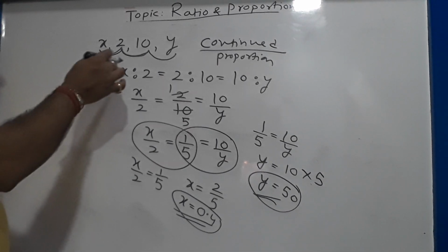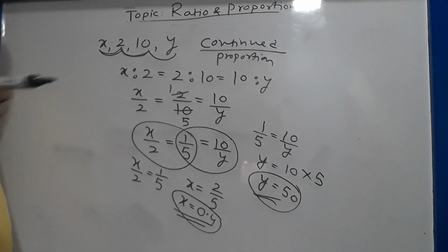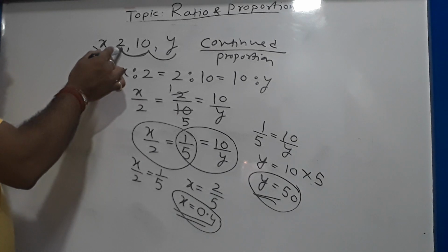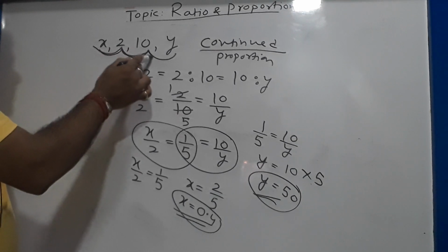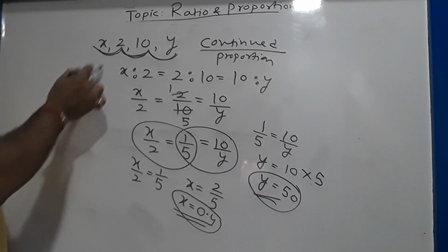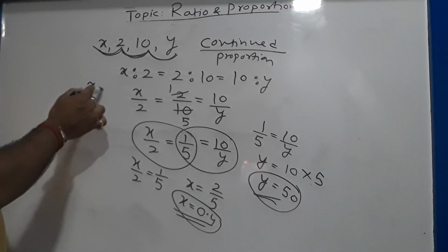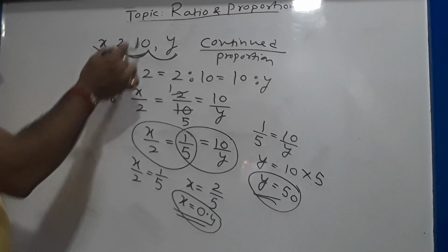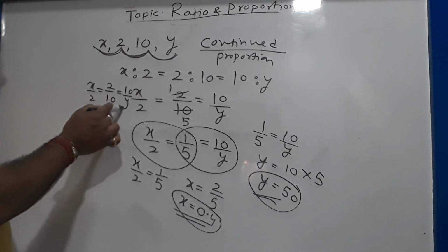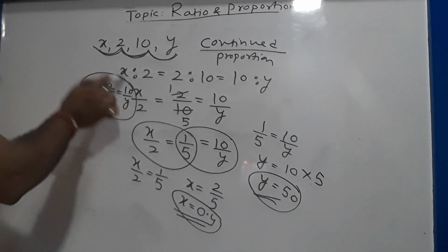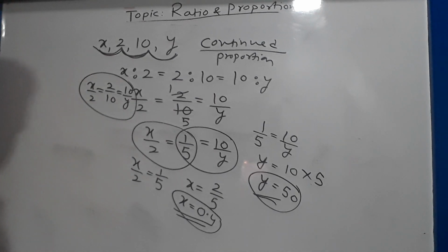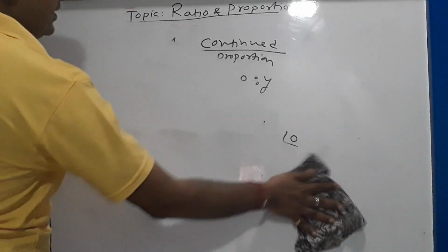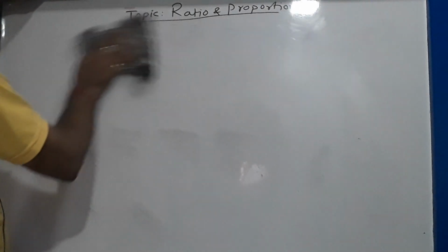But when there are 4 numbers or 5 numbers, we go by the basic definition of continued proportion: x ratio 2 is equal to 2 ratio 10 is equal to 10 ratio y, meaning x upon 2 is equal to 2 upon 10 is equal to 10 upon y, and we solve this equation.